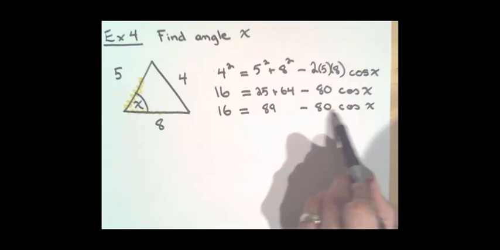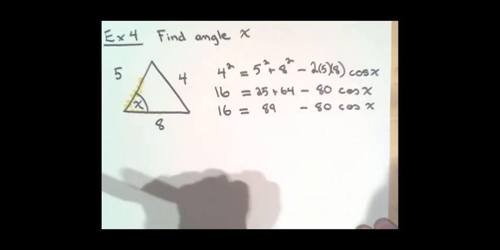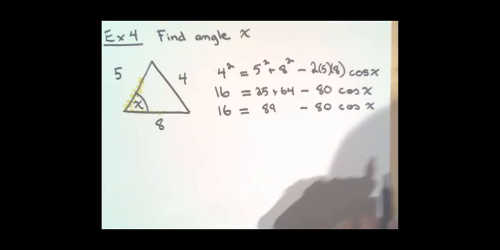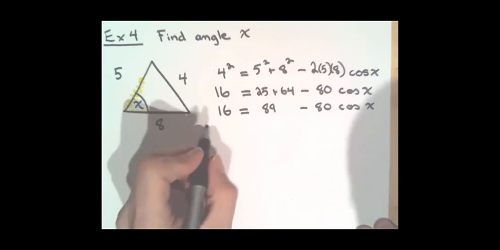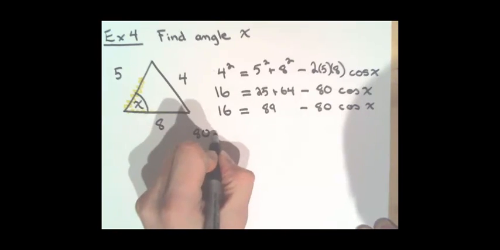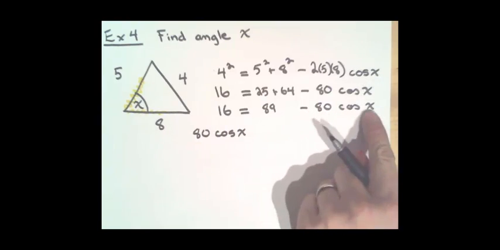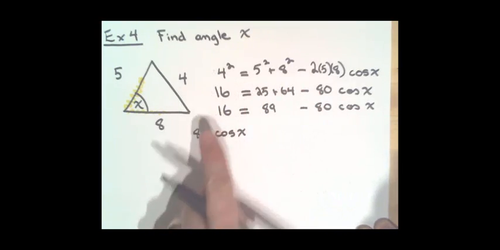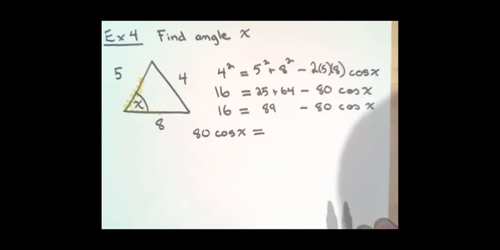All of this is working with the variable x. We're going to want to leave it on one side of the equal sign, and I'm going to do that so it's on the left. So I'm going to send this over, and it becomes 80 cos x, because remember it's minus 80 times cos x. That's one big negative term, and when you send it to the other side of the equal sign, it becomes a positive term.